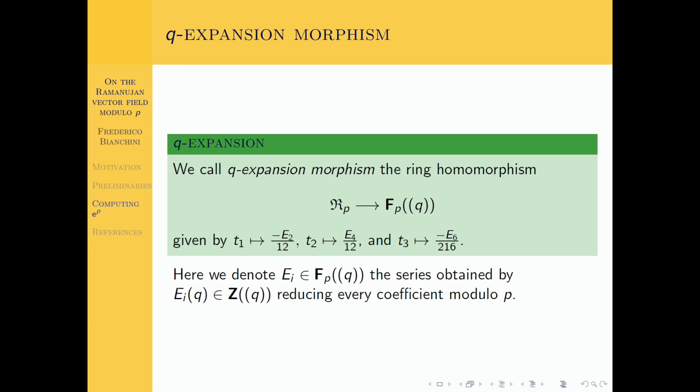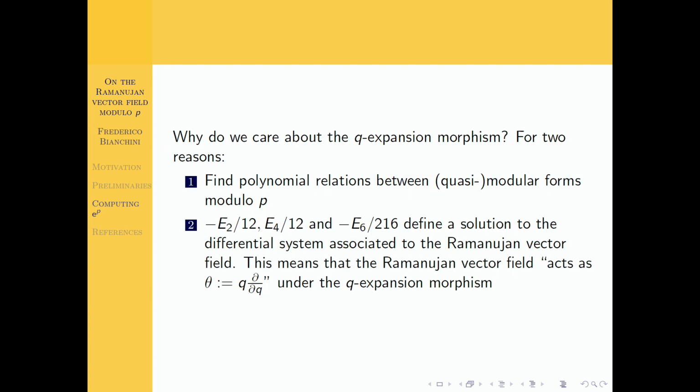This map is simply given by this: T1 goes to E2 over 12, T2 goes to E4 over 12, and T3 goes to minus E6 over 216. Basically, these three series are the solutions to the Ramanujan vector field.